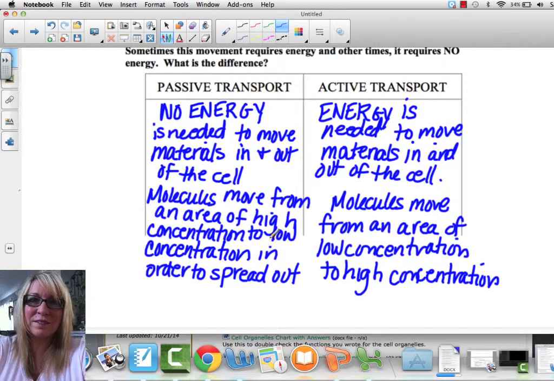It's kind of like trying to put that 12th person in the elevator that's already full. Okay, you're going to need energy to do it.